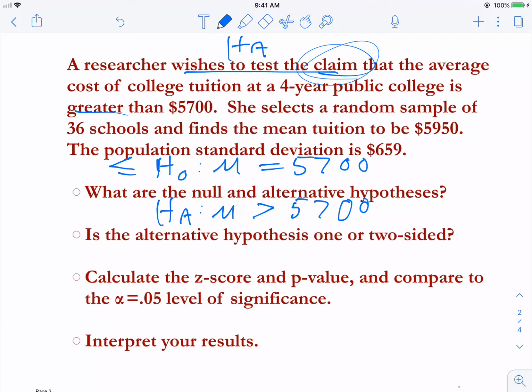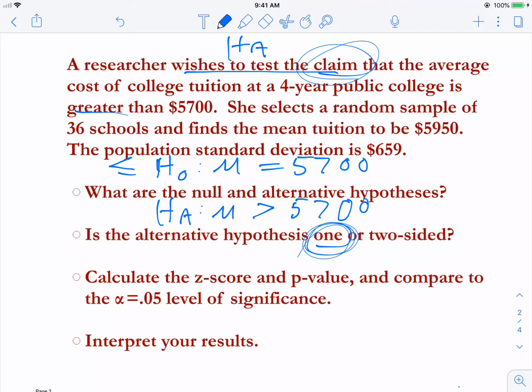Okay, we have our sample here with a mean that is greater, so that's the one that we are interested in. Okay, so we're testing to see if this alternative hypothesis is greater than that $5,700. Okay, so this will be a one-sided alternative hypothesis.